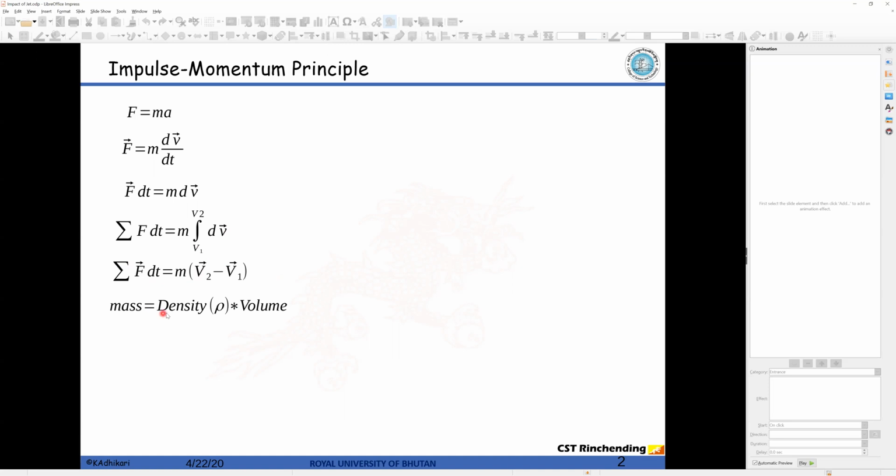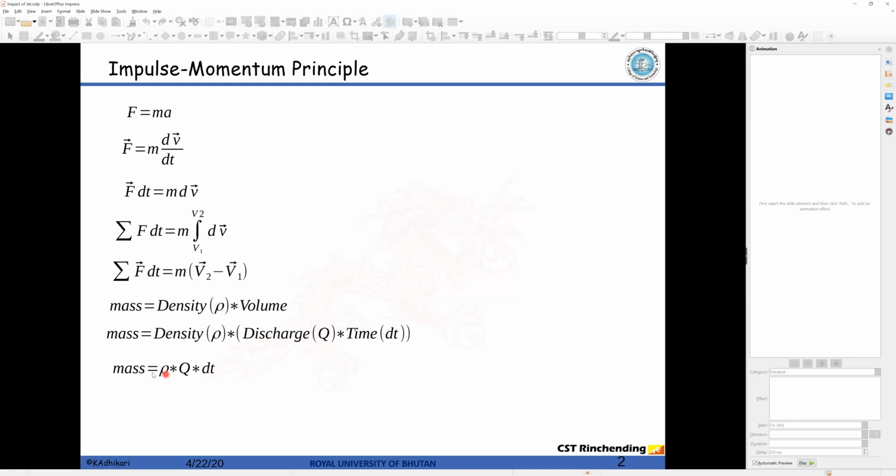Further, the mass is equal to density into volume. Now, volume is nothing but the discharge into time. So let's keep this time, and the time for which the force is impinging on a plate or surface, the same. Then we get mass is equal to rho Q dt.